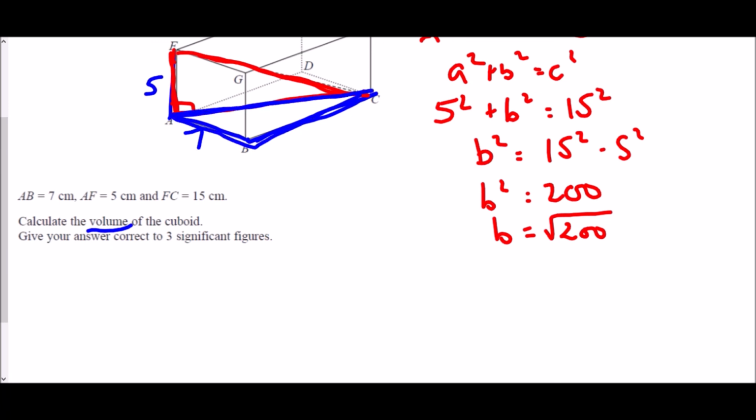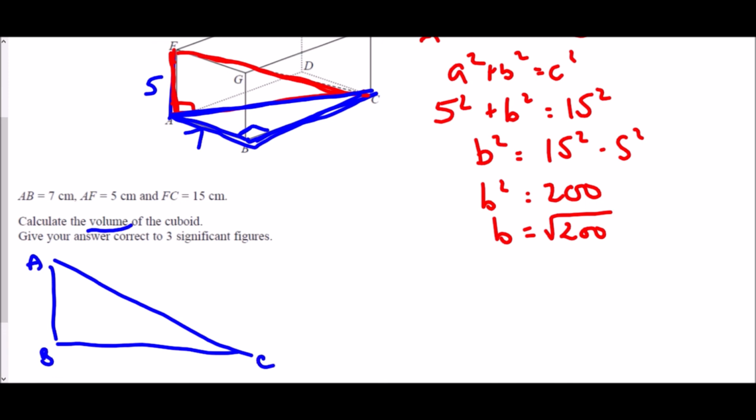There is a right angle right here at B. And so if I now draw in that triangle, I've got A, B, C. And AB is 7. AC is what we've just worked out. We've just worked out AC as being root 200. And so finally I want to find out what BC is.